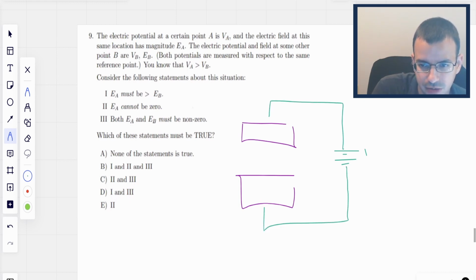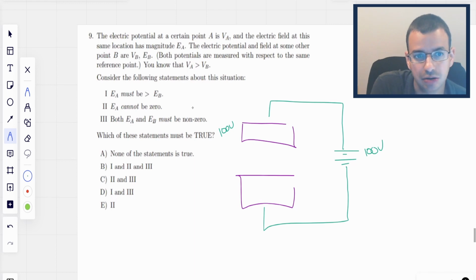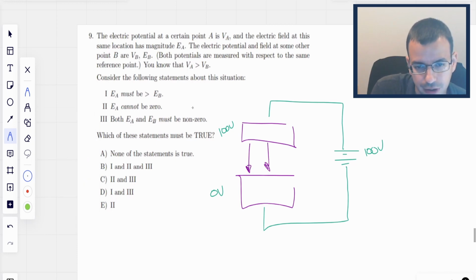So this is a battery, we'll call it 100 volts, and it would charge this plate up to 100 volts. Potential is the exact same thing as voltage. So whenever you see the word potential, think voltage. The other plate is 0 volts, and this is going to create an electric field, specifically a uniform electric field going down.